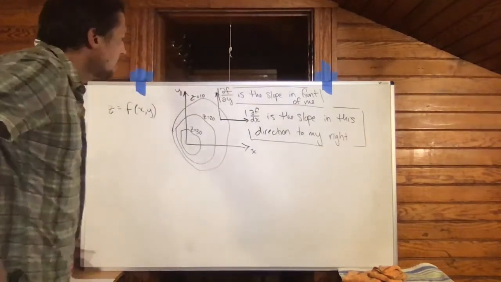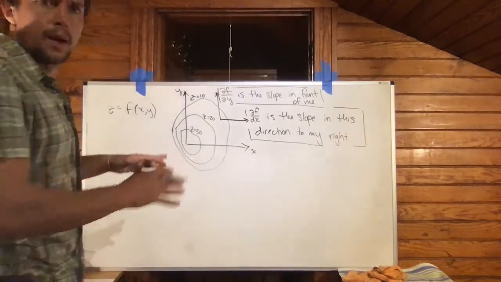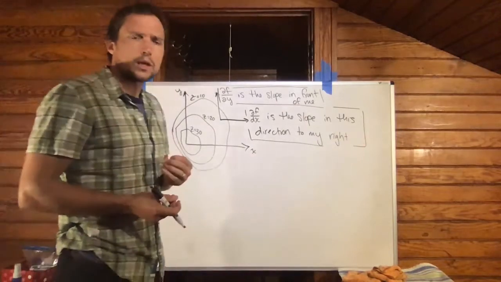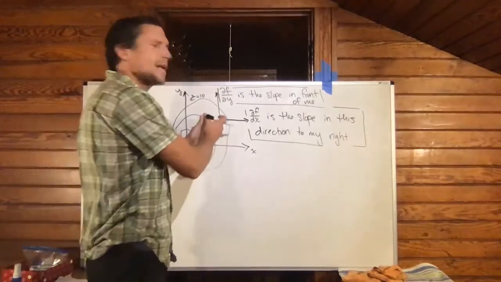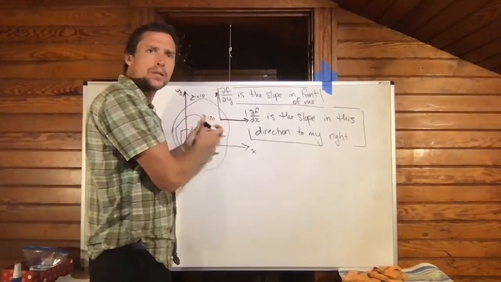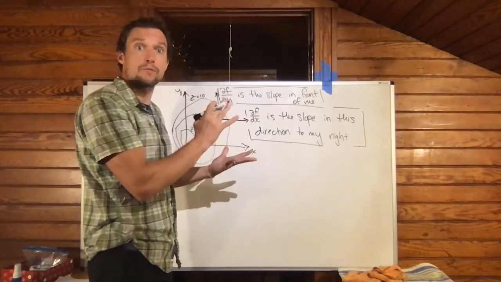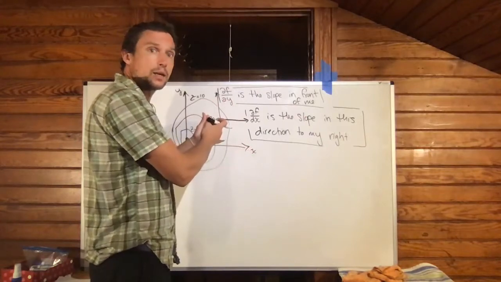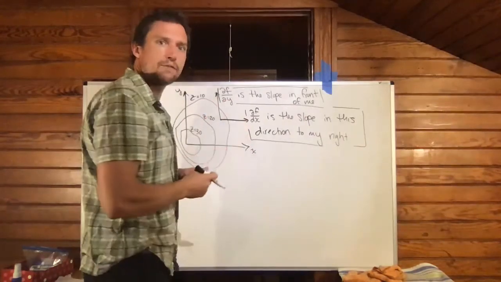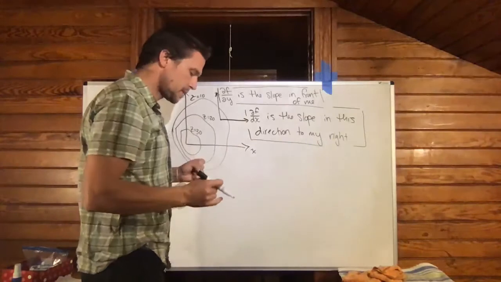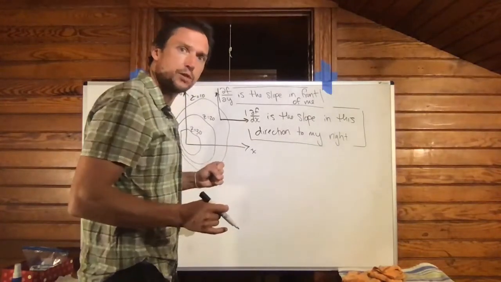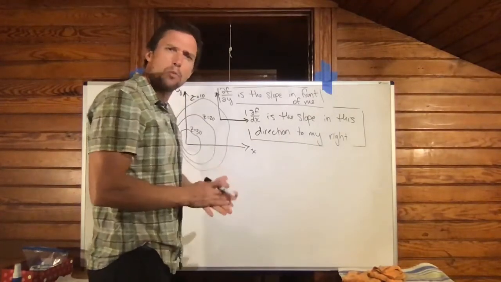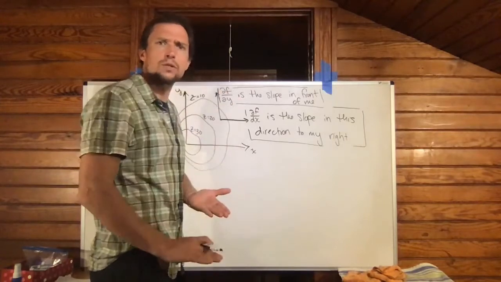Well, there's two ways that I want you to think about it. The first way is imagine this is really a topographical map and I'm really standing here. Then df/dx is telling me if I take a little step to my right, how much does the height increase or decrease?